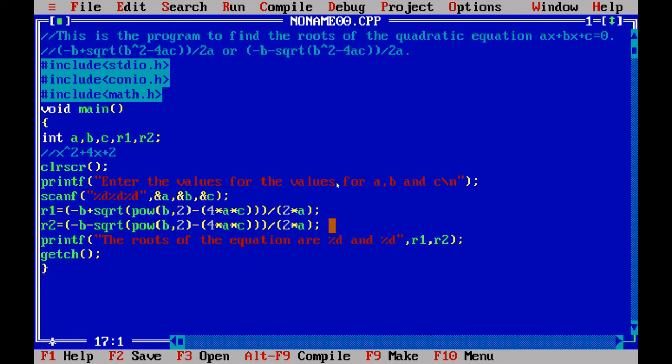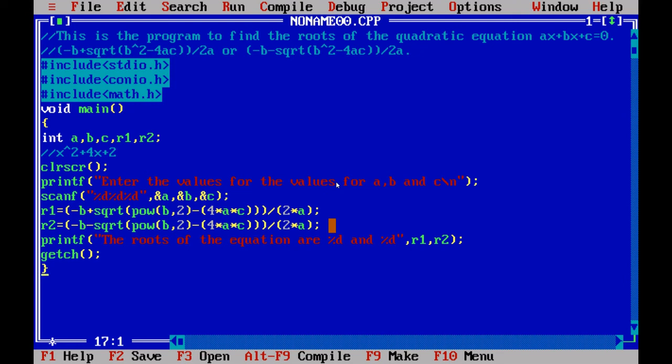Then we print the roots of the equation, R1 and R2, the values of the two roots. Then we have typed getch.